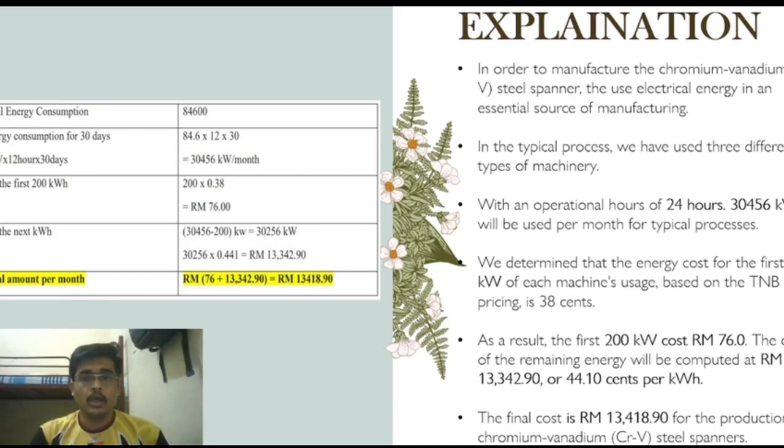We determine the energy cost for the first 200 kilowatt of each machine's usage. The kilowatt is then, as explained, separated into two, and the total final cost is about 13,480 ringgit and 90 cents. The operational hours is about 24 hours per day, but since the manufacturing machine only operates 12 hours, only that is considered for the calculation.